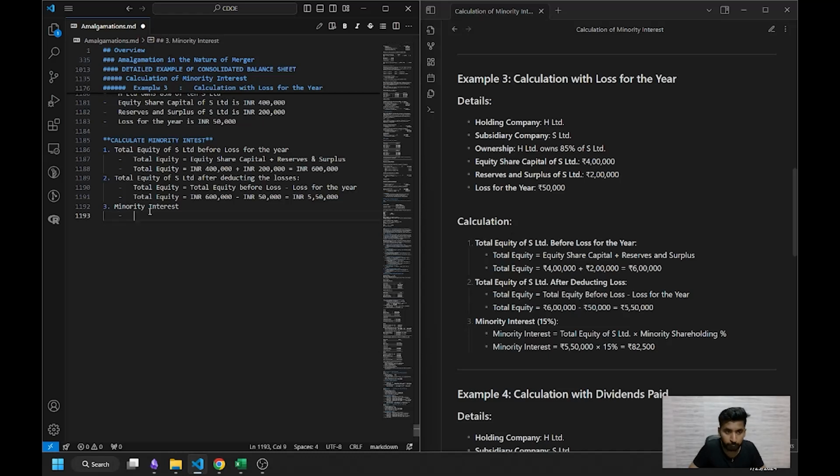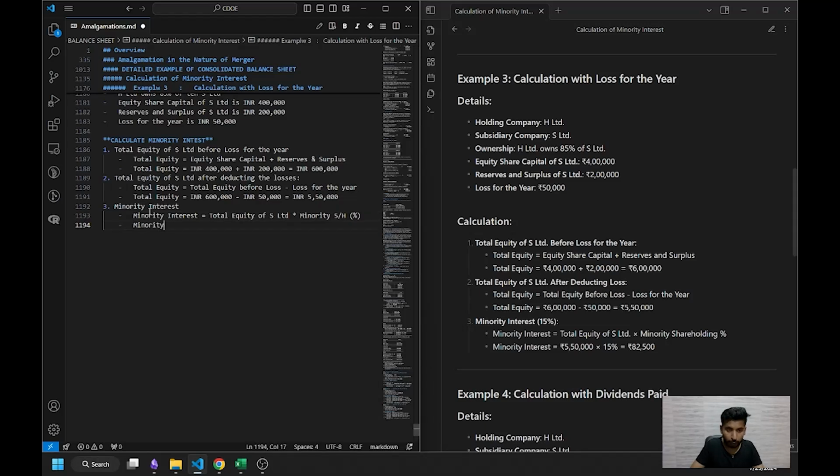Now, minority interest is equal to total equity of S Limited multiplied by minority shareholding percentage.